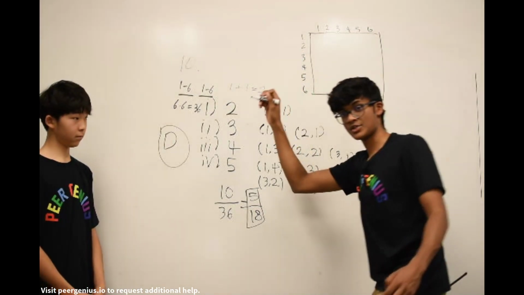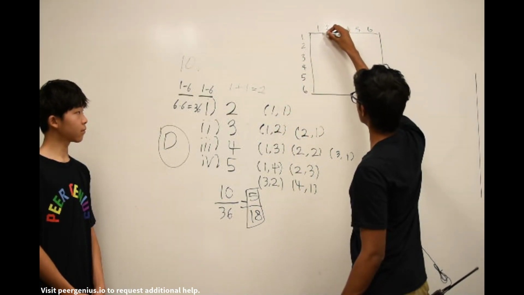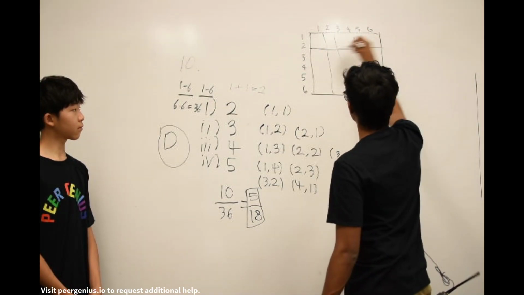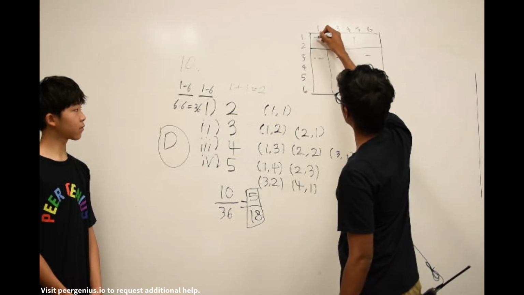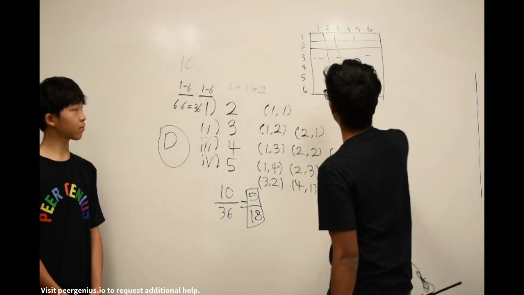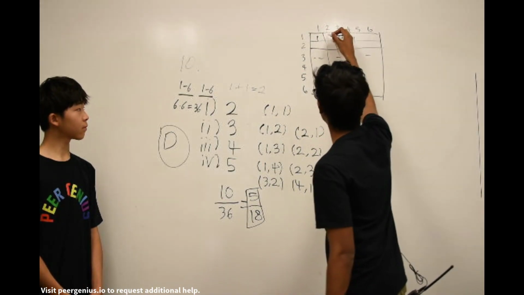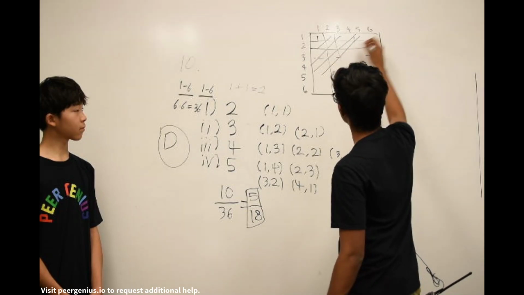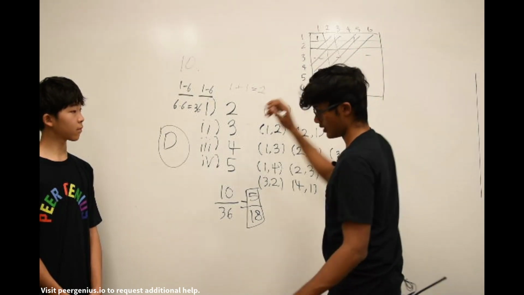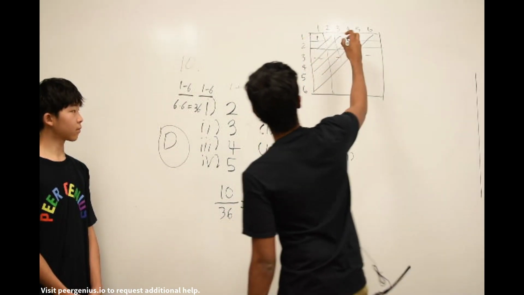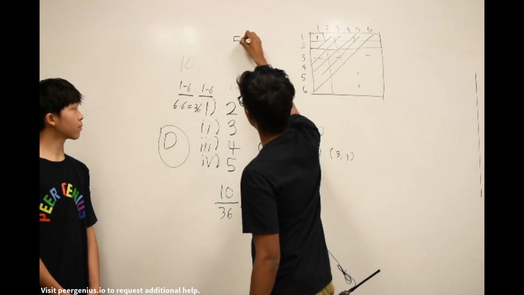I'm not going to finish the table, but if you draw it out like that, you get the number of possibilities kind of triangular. So for 1 plus 1, there's 1, and then there's 2 here, 3 here, 4 here, 5 here, 6 here, and actually it goes up to 5.